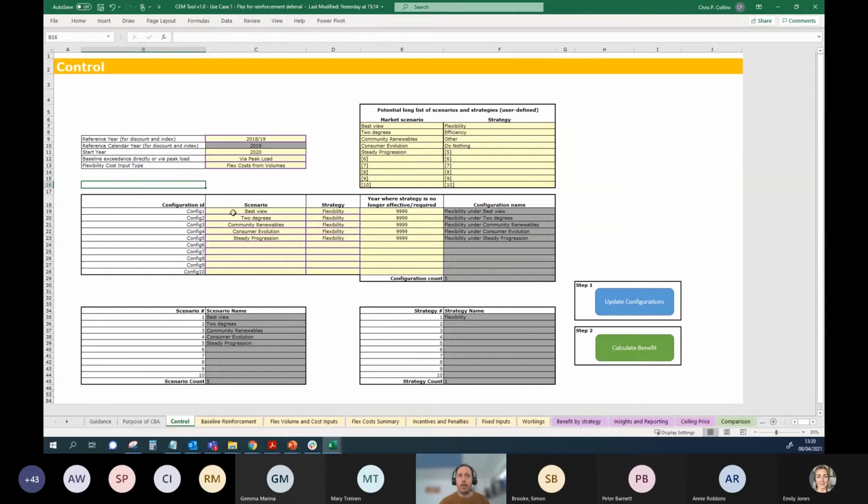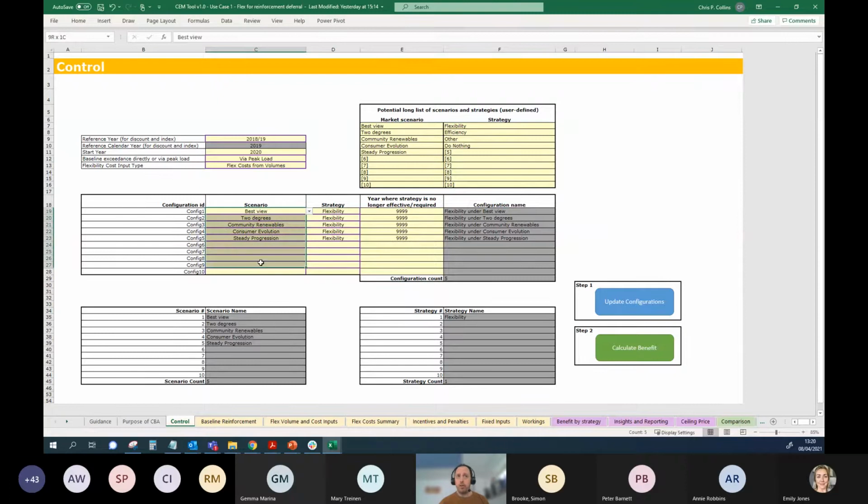You can look at up to 10 different load growth scenarios. For the time being, we have what used to be the FES scenarios named here. Those aren't necessarily the scenarios that would go into a real world use of this tool. They're just placeholders for now.